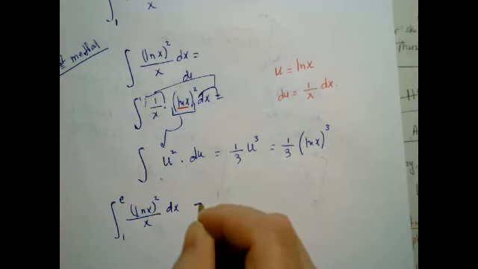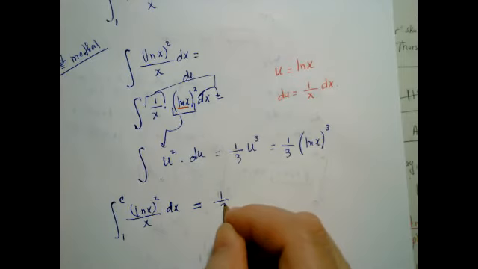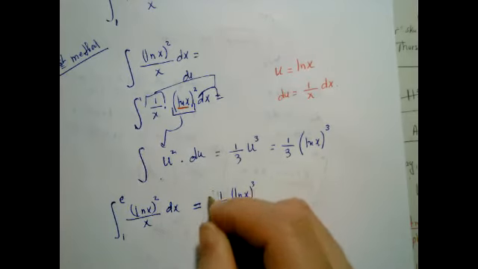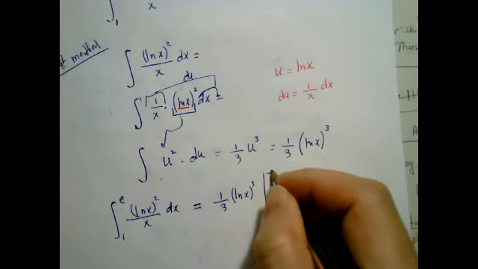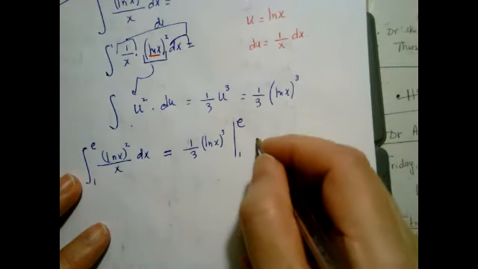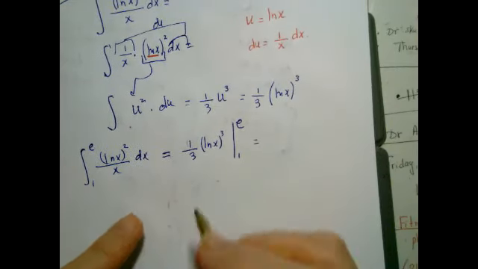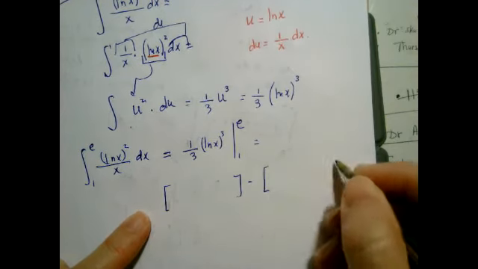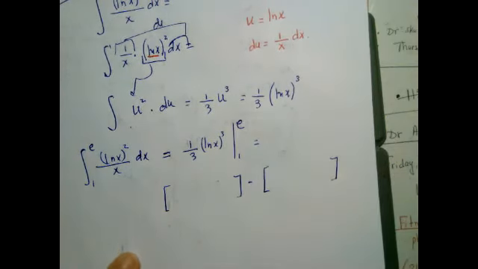This is equal to the antiderivative. Now that's my antiderivative evaluated between the 1 and the e. Okay? Equal to. I need to make a remark here. The antiderivative at the upper minus the antiderivative at the lower.